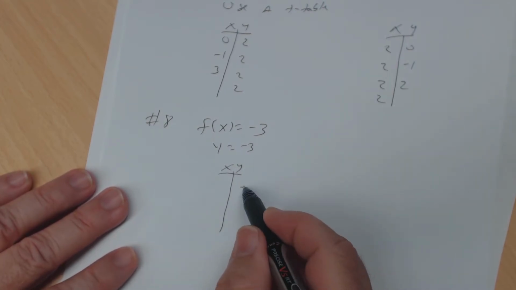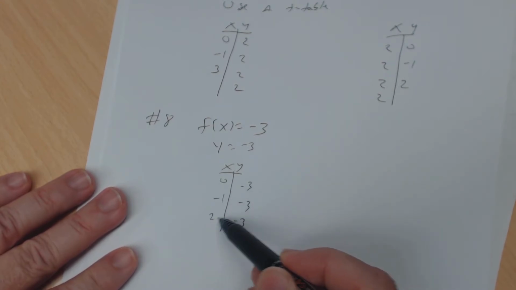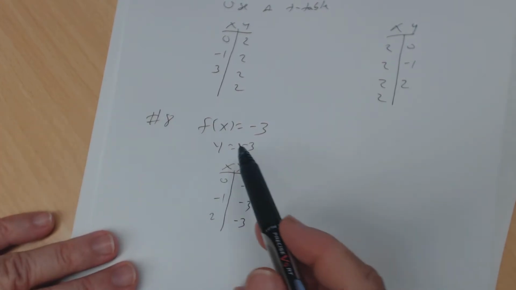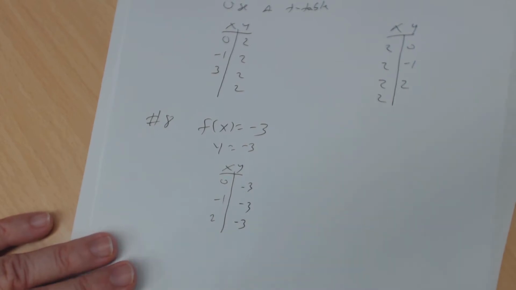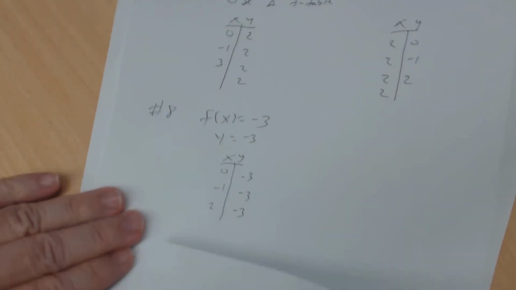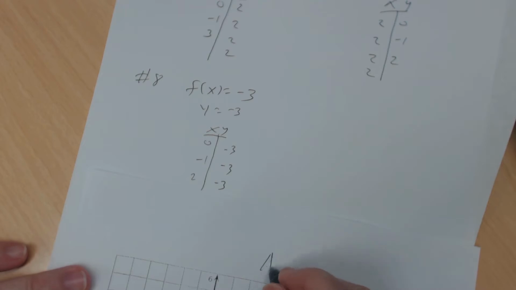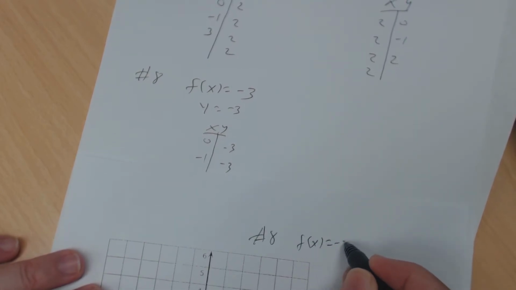So in the y column, you're going to have negative 3 throughout. And in the x column, you can put whatever you want, because it says that y always equals negative 3 no matter what x is. So when I graph this, I want you to notice what you get. So this is number 8. F of x equals negative 3.